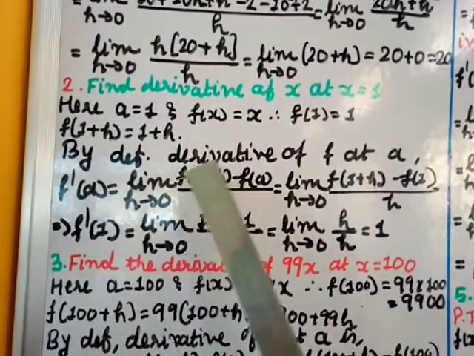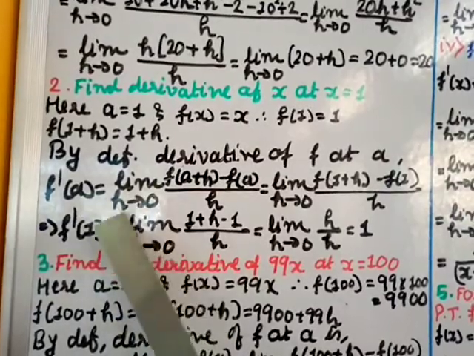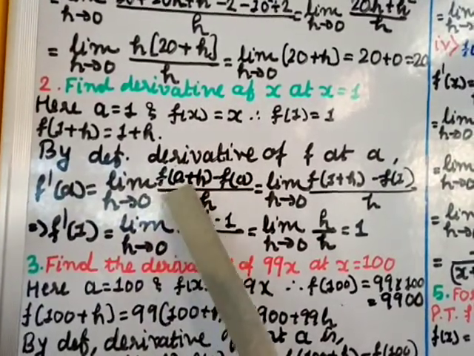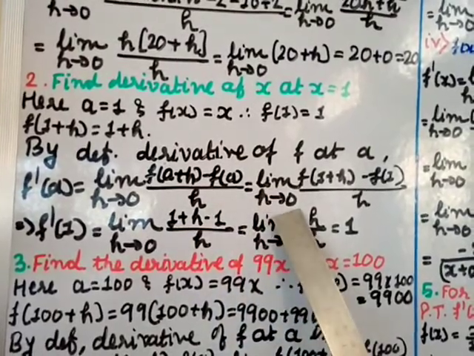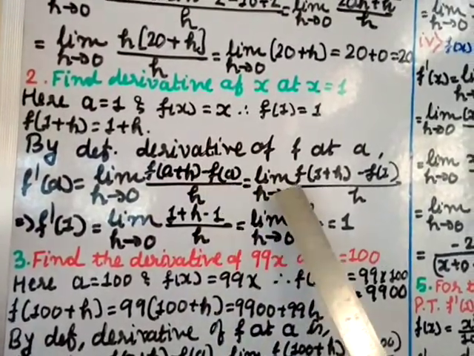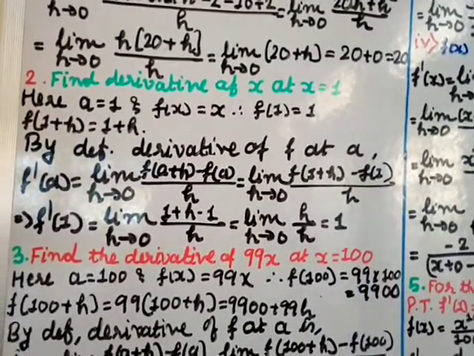Now by definition, the derivative of f at a is given by f dash a equal to limit h tends to 0 of f of a plus h minus f of a, by h, equal to limit h tends to 0, put a value as 1, so f of 1 plus h minus f of 1, by h. Now let us place all the values.